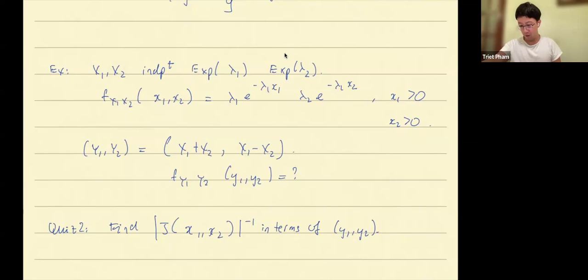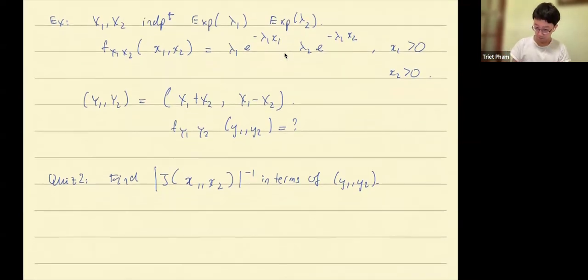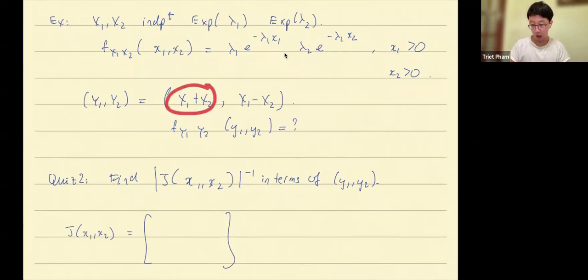All right, so what's the answer? So here, this is the function g, the functions g1, g2, right? So it's really 1, 1, 1, minus 1, right?